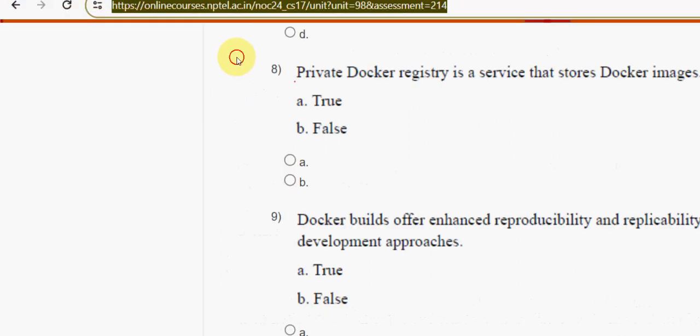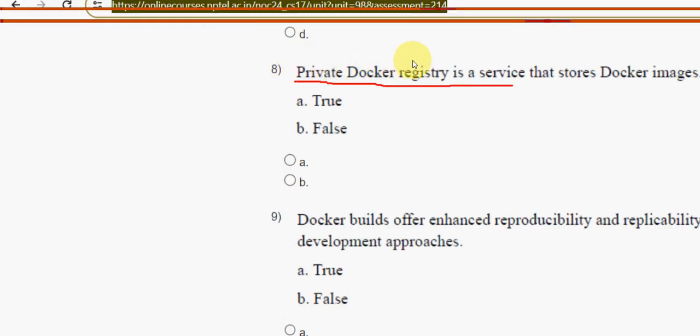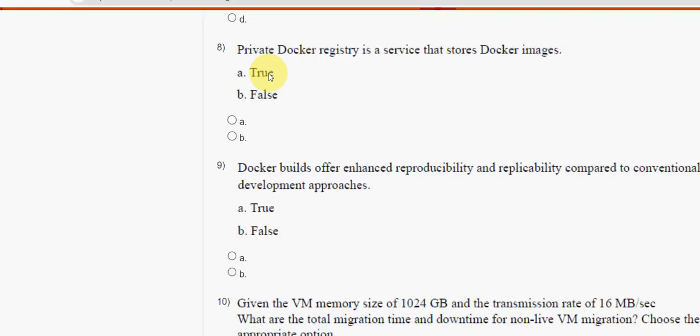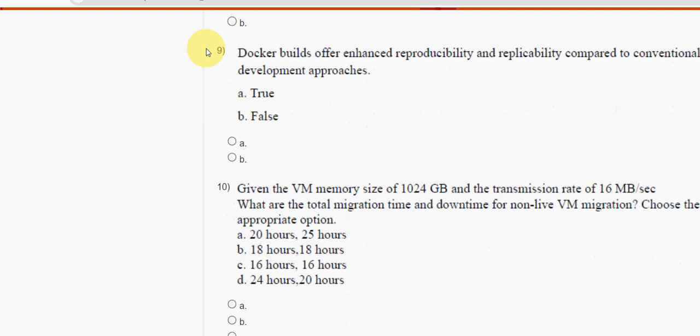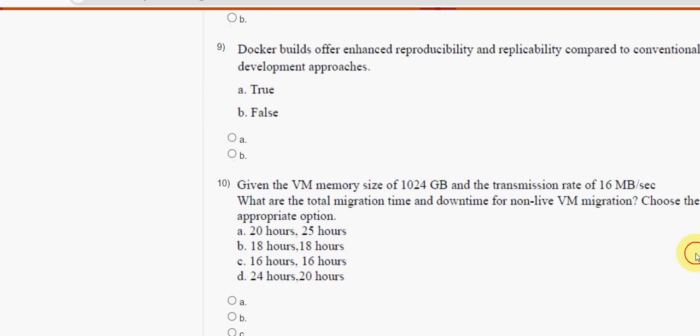Next, eighth one. Private Docker registry is a service that stores Docker images. So for the eighth question, it is option A, true, guys. Option A, true. Next, ninth one.